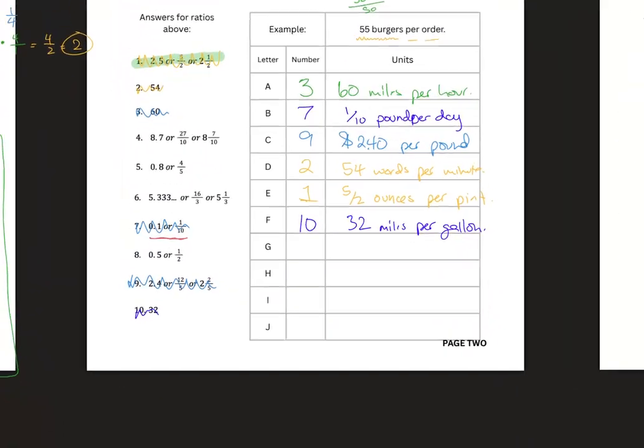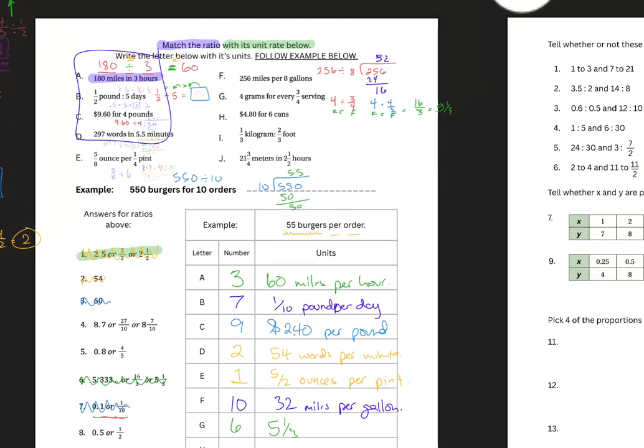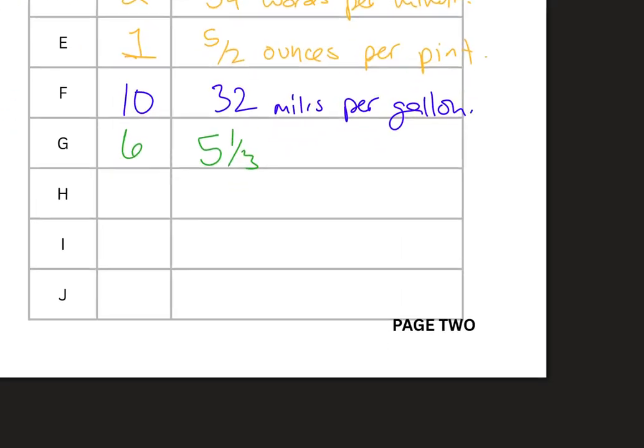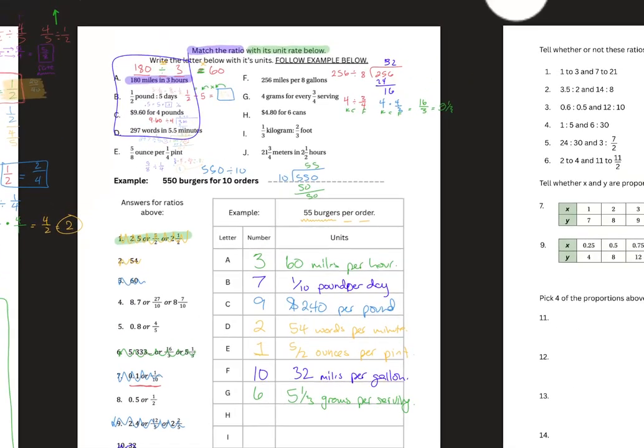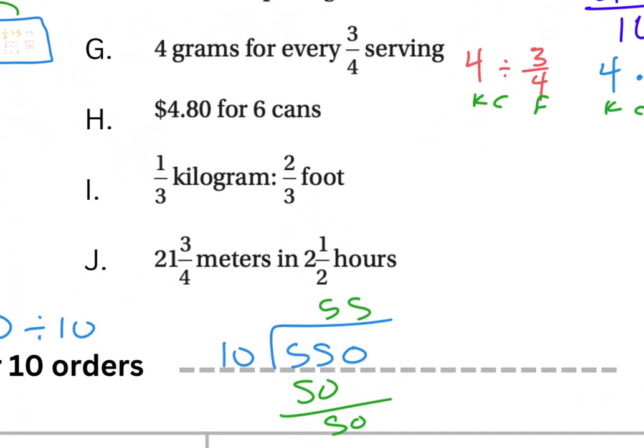Anyway, down here is number 6, 5 1/3. So it's 5 1/3 or 16 thirds, because it doesn't matter, grams per serving.